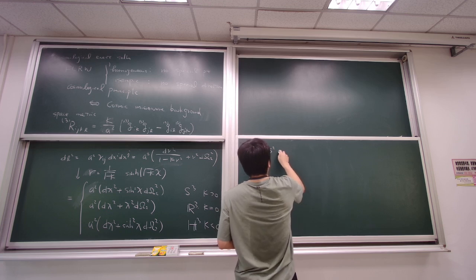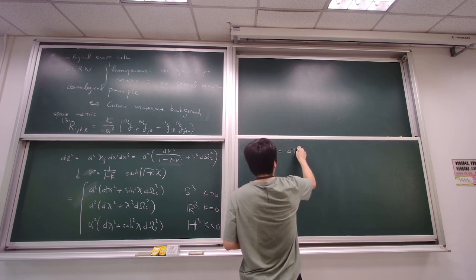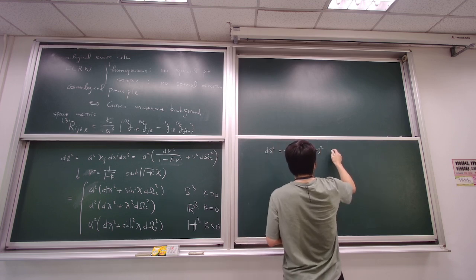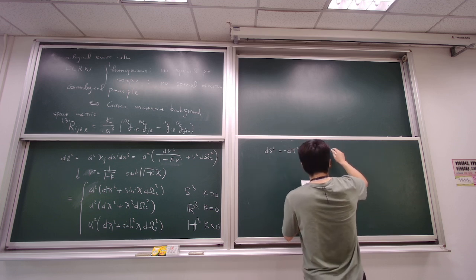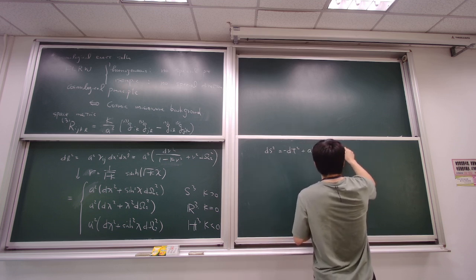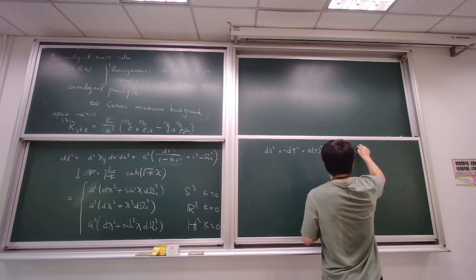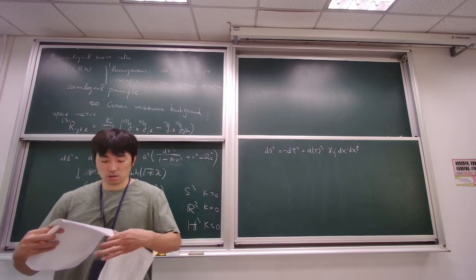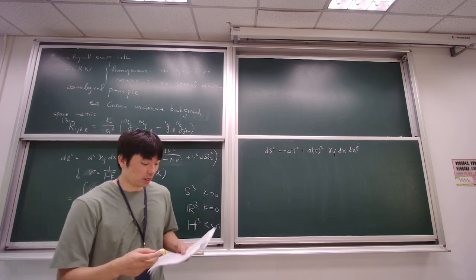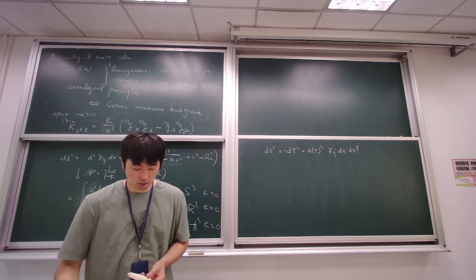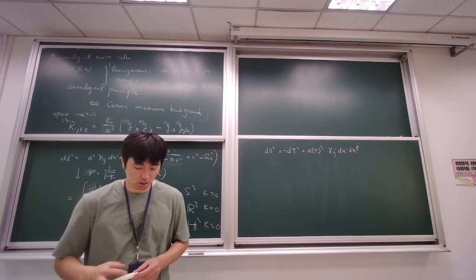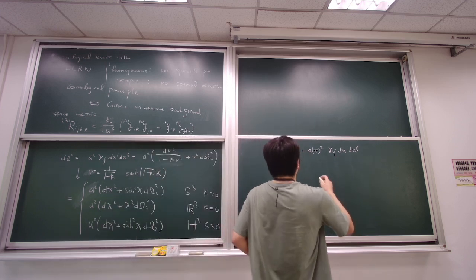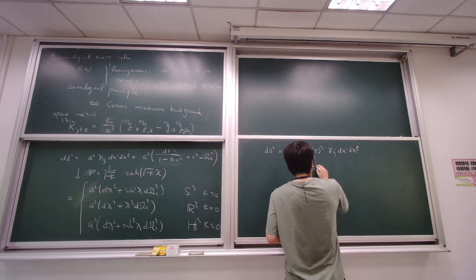So the space-time metric is something like this one, and a can be understood as the size of the universe.